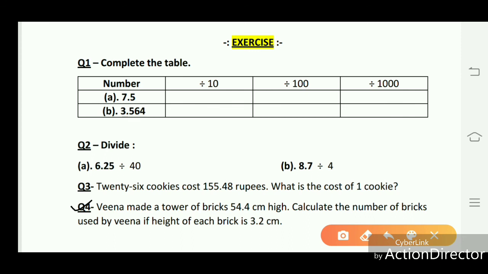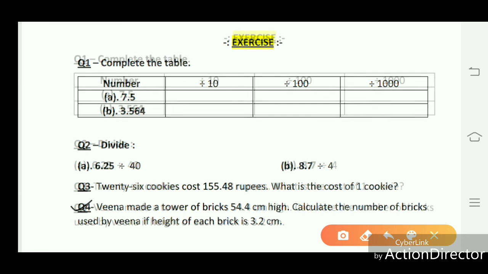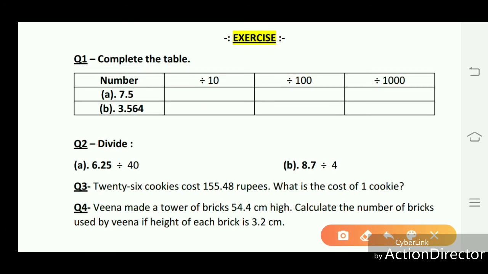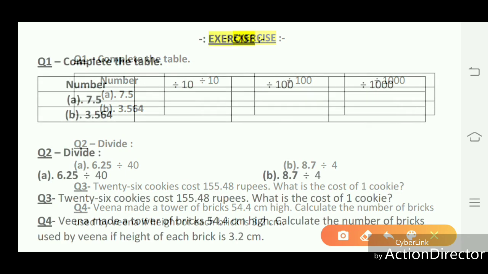So we divide 54.4 cm by the height of each brick, 3.2 cm. Then we get a quotient. This is the number of bricks used by Veena to make the tower. Thank you, students.